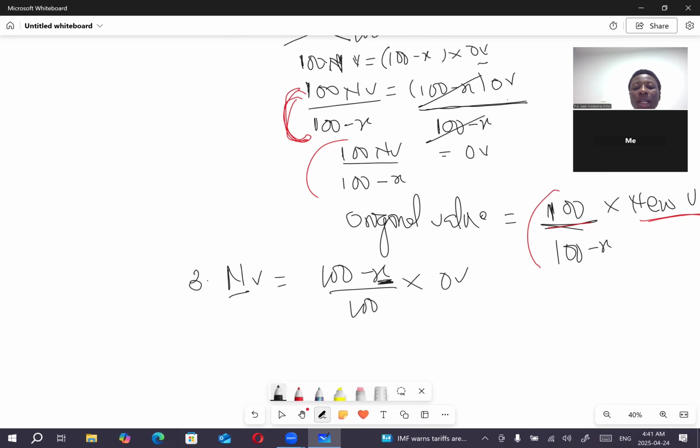So let's make it linear. You do so by cross multiplying. Then it will now be linear. So 100 will multiply the NV, making 100 NV. Then here, the NV is over 1, so it would have been 1 times this top, but it will be the same thing. So that'll be 100 minus X times OV.